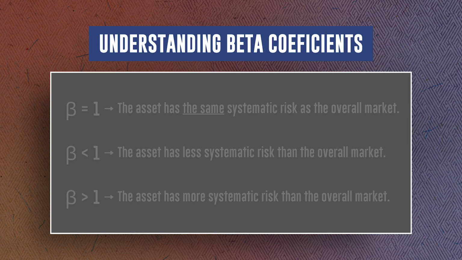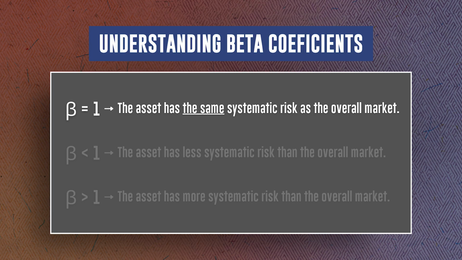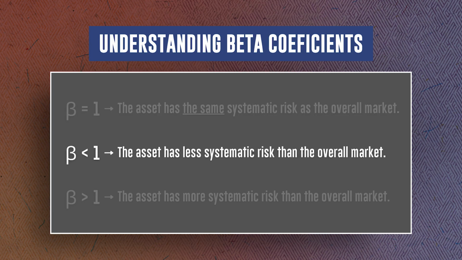So by definition, an average asset has to have a beta of 1. So what does this tell us? What does beta tell us? A beta of 1 implies that the asset has the same systematic risk as the overall market. A beta of less than 1 implies the asset has less systematic risk than the overall market.